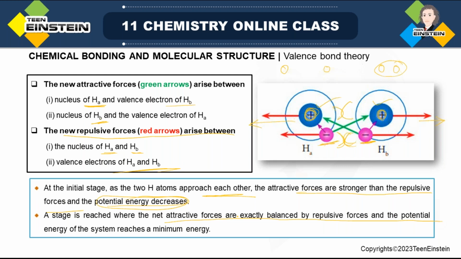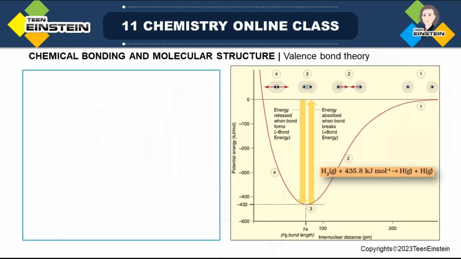Then the system will reach a minimum energy. Suppose this is the distance where minimum energy is reached. This is actually the bonding distance between two hydrogen atoms. Okay, we'll see a picture related to this.